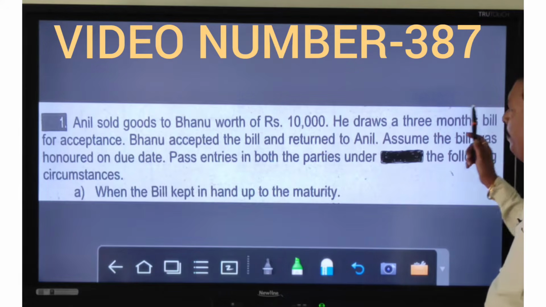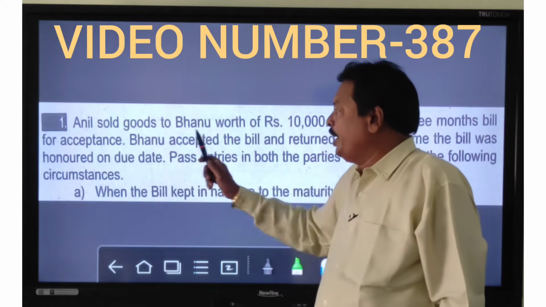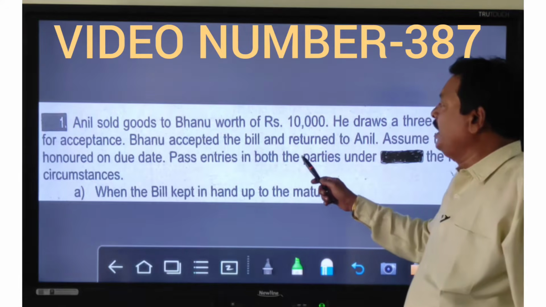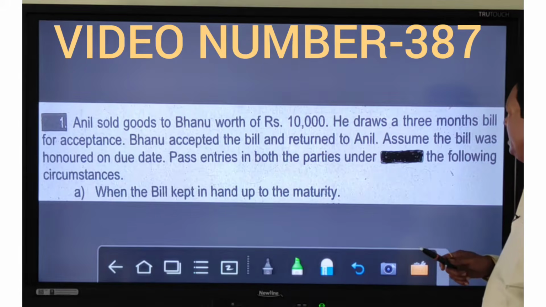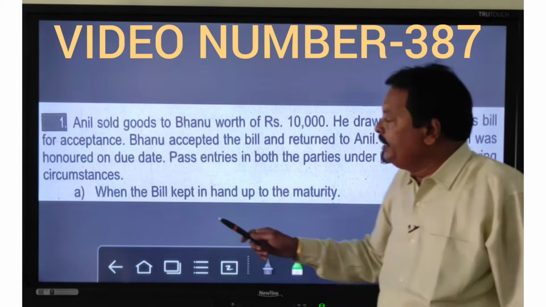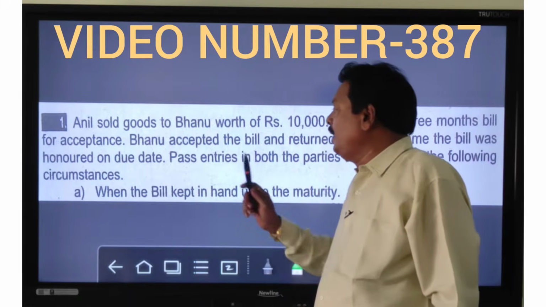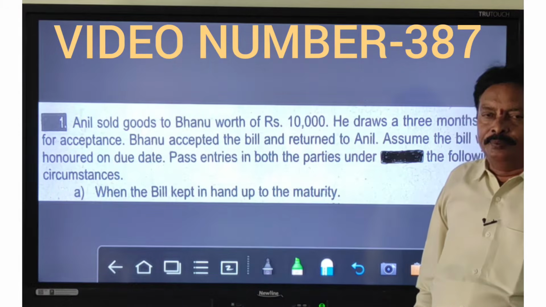Assume the bill was honored on the due date. Pass necessary entries in both of the parties under the following circumstances, particularly when the bill is kept in hand up to the maturity.